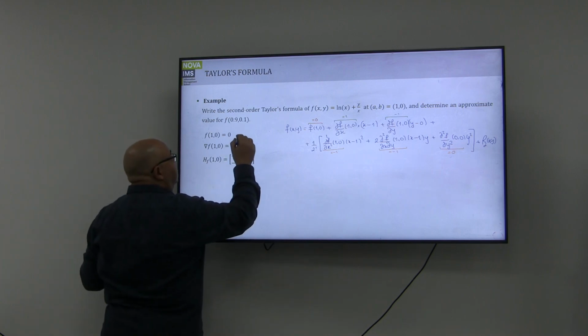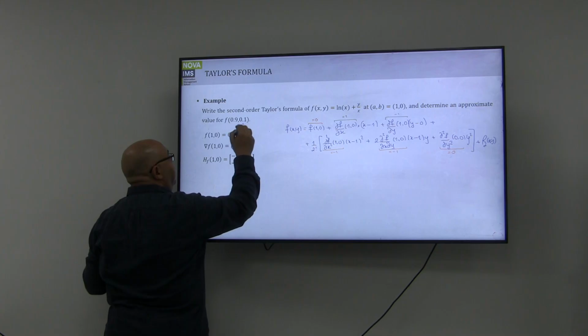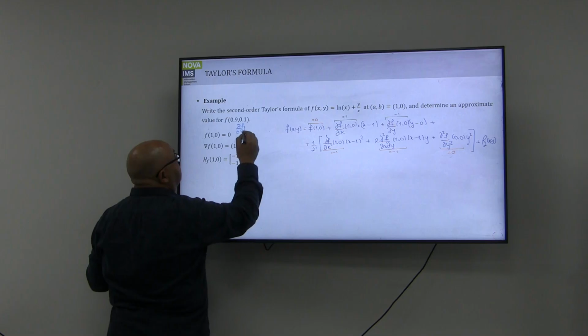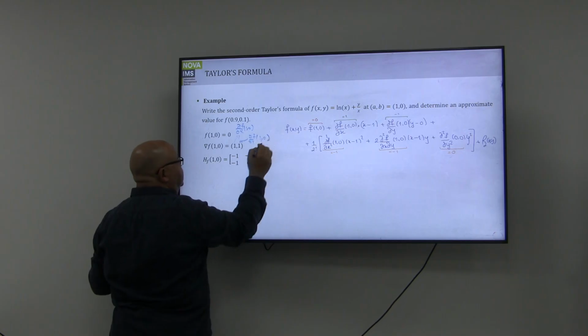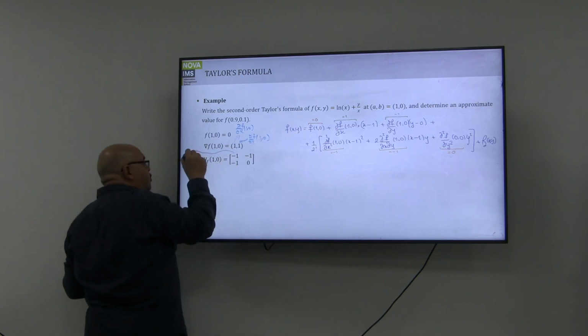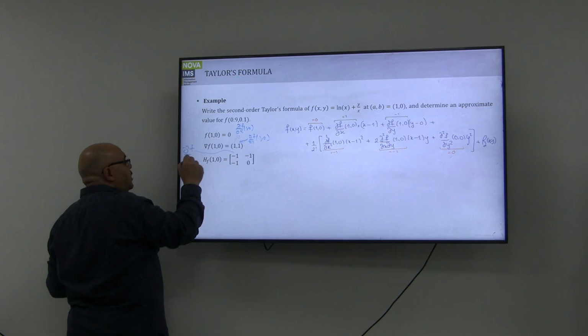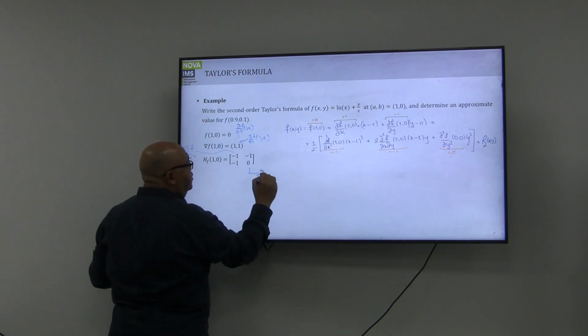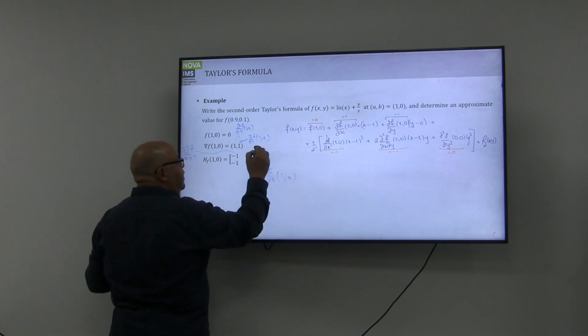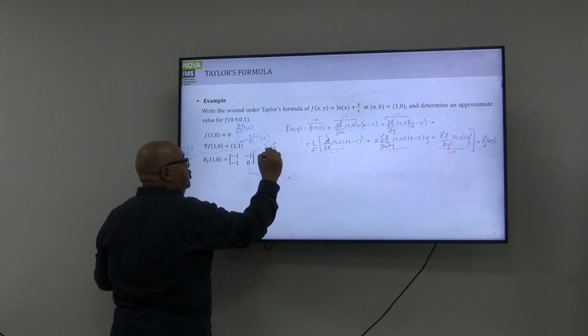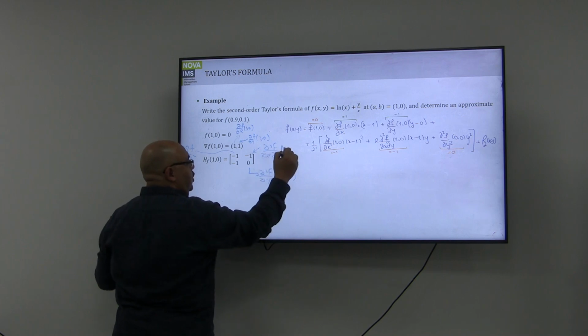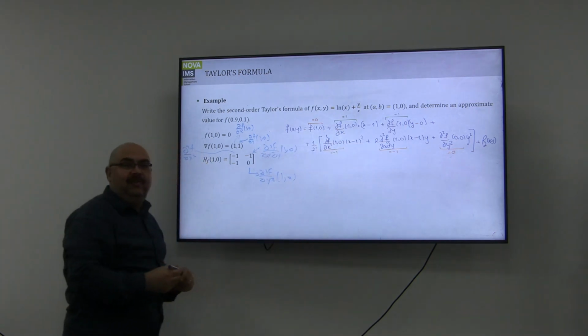Okay, in the gradient for this one, it's going to be partial f, partial x at the point which is 1 and 0. This is going to be partial f, partial y at 1 and 0. This value is partial 2f, partial x squared. That value is partial 2f, partial y squared, of course at 1 and 0. That value is partial 2f, partial x, partial y at 1 and 0. This is why all the values are given.